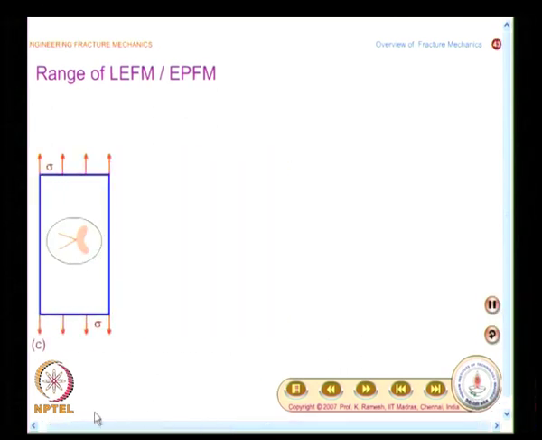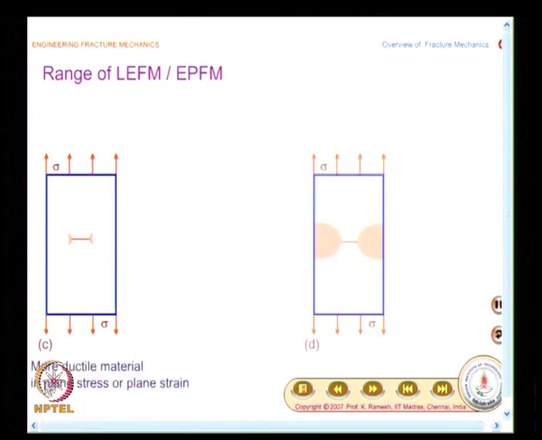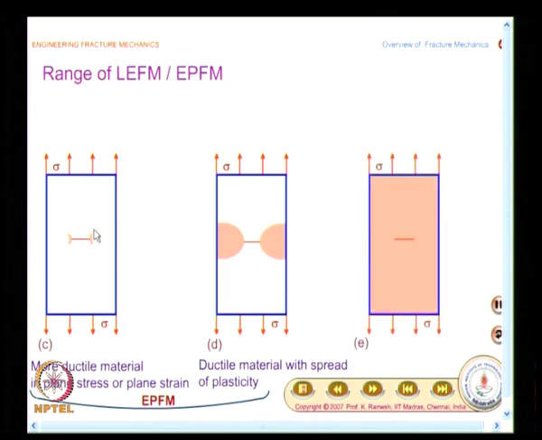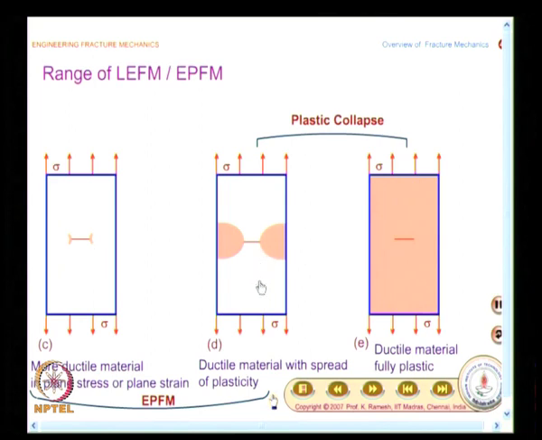Then we have another set of material which is more ductile in plane stress or plane strain. You have still higher plastic zone, and you also have situations where the plastic zone is visibly spread. I would like you to make a neat sketch of this. This brings out in nutshell the role of plasticity in fracture analysis.